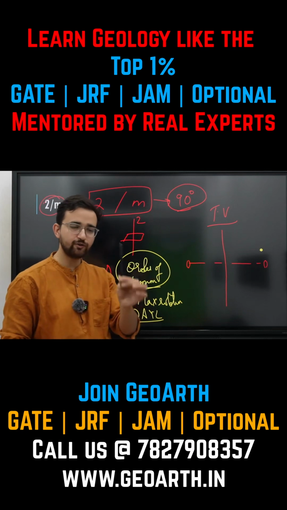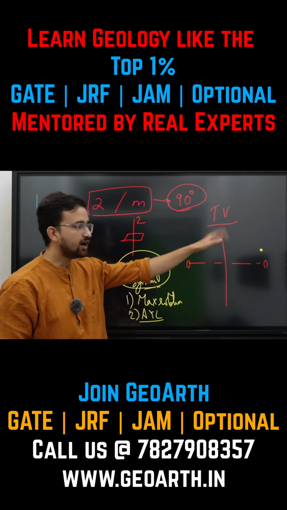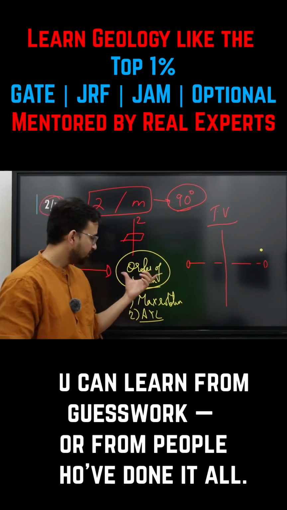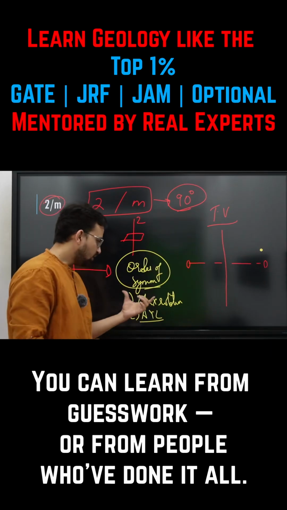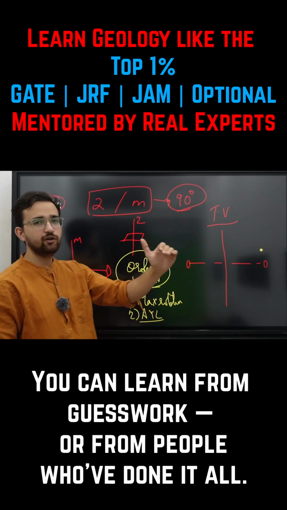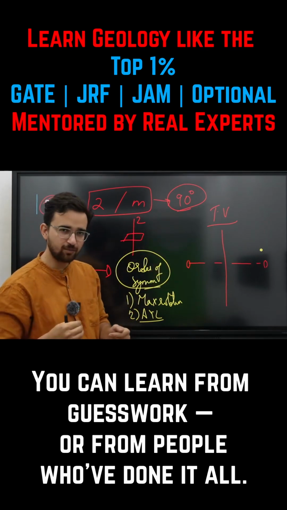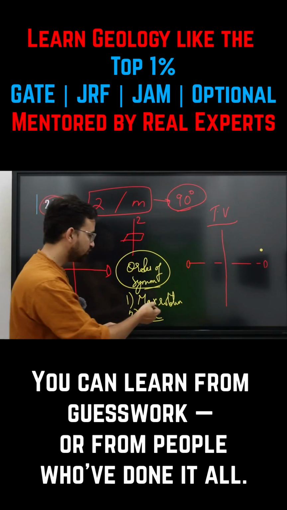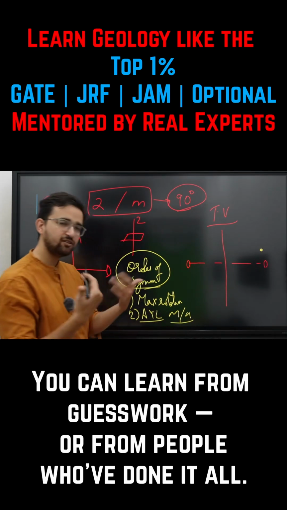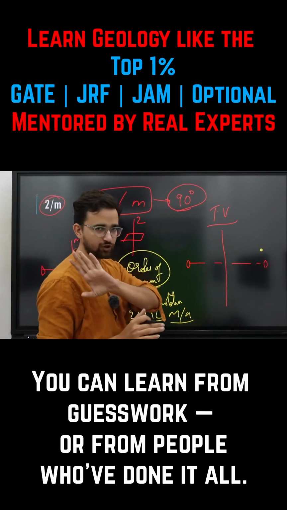Because when you start with the maximum rotation, it is easier to draw. If you want to start with any symmetry element, that is up to you. But because we have a constraint of time in the examinations, we will always start with the maximum order of rotation. Then we will continue with the lower order of rotation, then mirror planes, or as you like. If you want to start with the maximum rotation, then the mirror plane, then the smaller rotations, that is up to you. You can do whatever you want. I will suggest you start with the maximum rotation.